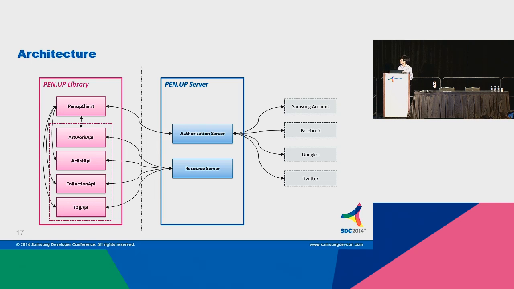Samsung account, Facebook, Google+, and Twitter account are supported to join PEN.UP. This authorization server interacts with the account provider server, and artwork API, artist API, collection API, and tag API send a request to the PEN.UP resource server for posting an artwork or accessing the PEN.UP resources.